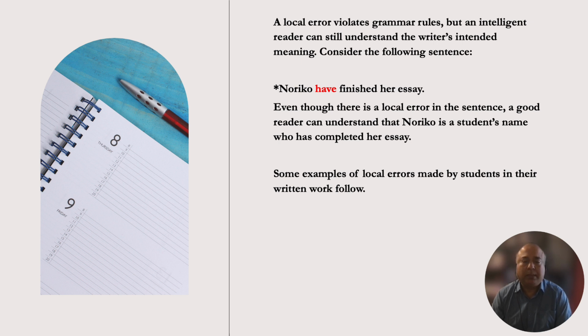She completed her essay. But there is a helping verb there, have. But Noriko is just one person, and have is a plural verb. So there's an error there. So the correct sentence should be, "Noriko has finished her essay." But you understood the meaning, regardless.